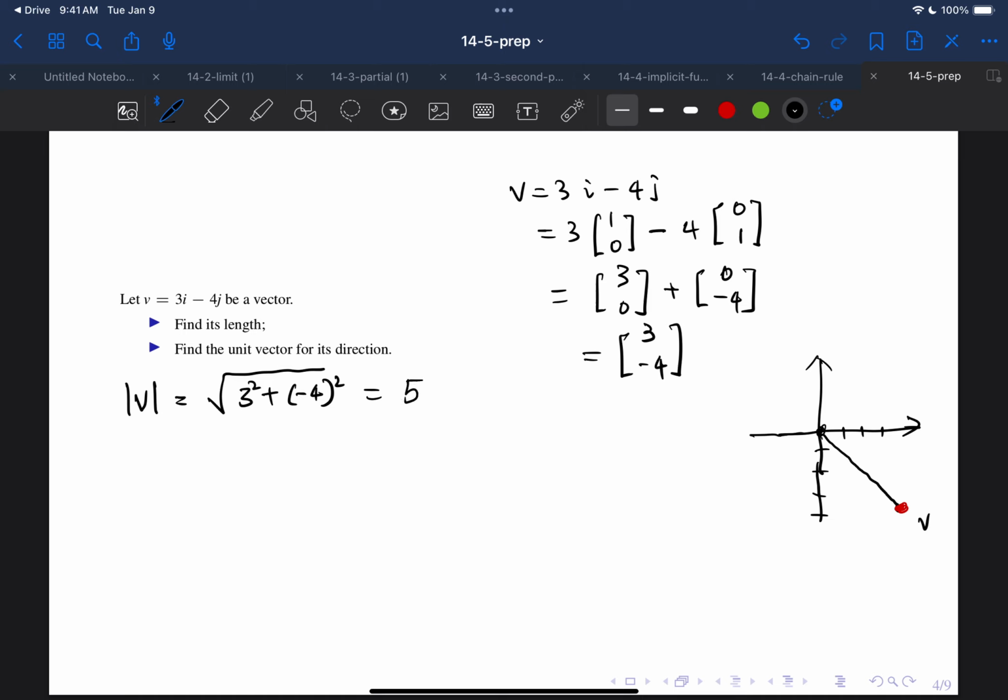And this can be seen from the Pythagorean theorem using this right triangle.